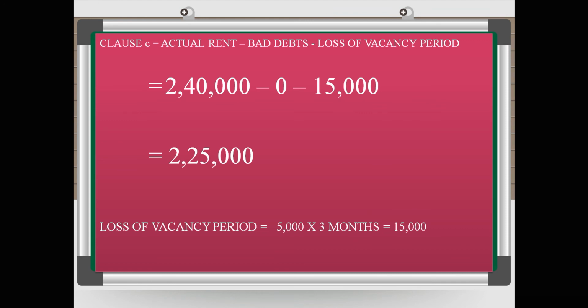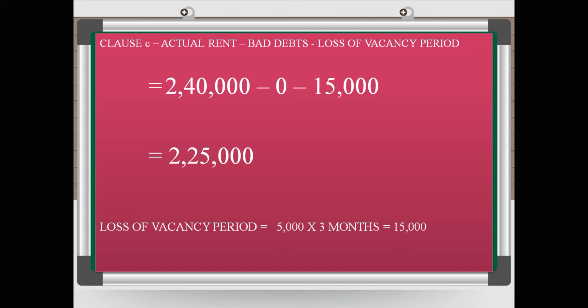Vacancy period is for 3 months, and the rent for 1 month is 5,000. So obviously that will give us 15,000, right? 5,000 into 3, 15,000. 2,40,000 minus 15,000 gives us 2,25,000. Getting this?